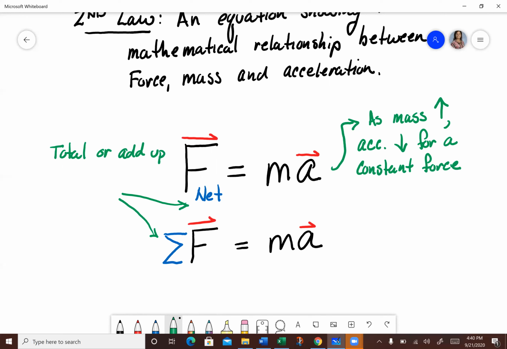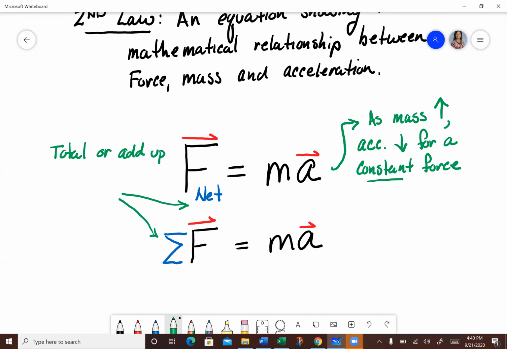What that means is if I push on my tennis ball, it will have a greater acceleration compared to the bowling ball, because there's an inverse relationship between acceleration and mass. If I have two masses, one high, one low, and I apply the same force to them, the one with the lower mass is going to accelerate more. There's an inverse relationship between mass and acceleration under constant force.